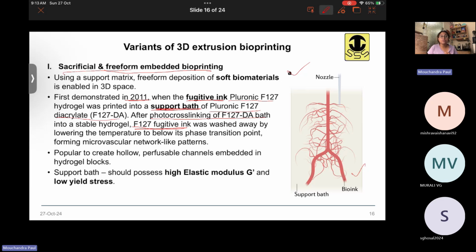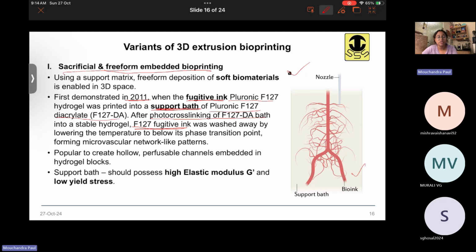Or you can first create the channels by washing away the fugitive ink, and then seed the cells inside the channel, so you can again create blood vessel structure in vitro. So this is a very powerful technique for doing this type of bioprinting.